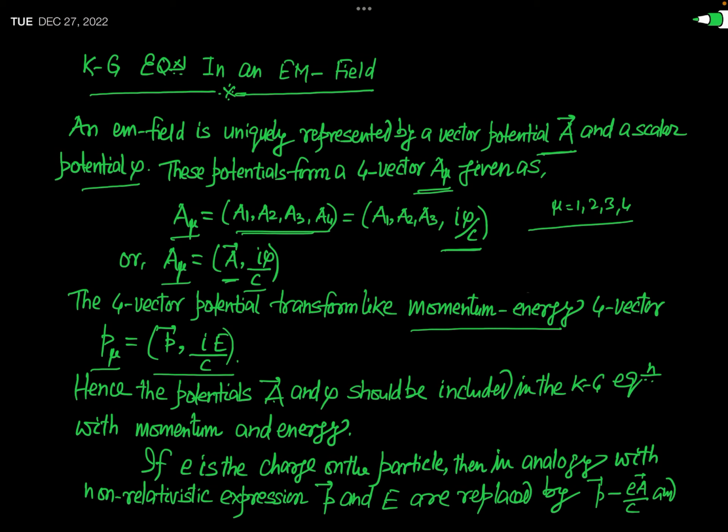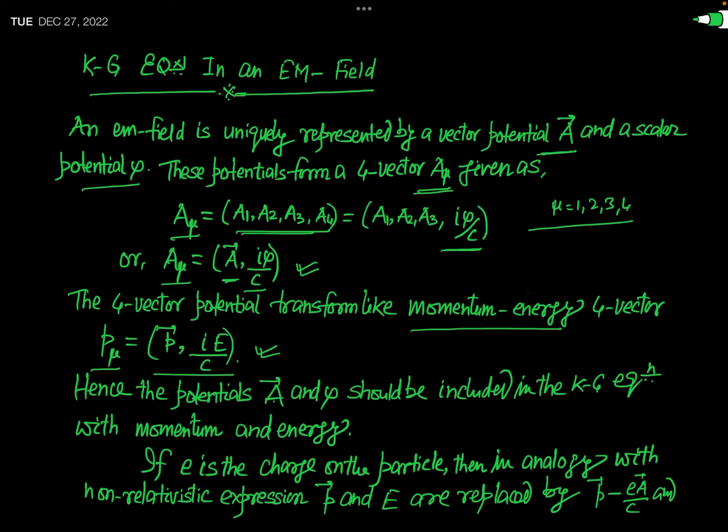You can compare the representation of this 4 vector potential A mu here and the momentum 4 vector here. You can see that the form of the 4th component of both of these 4 vectors is completely identical.